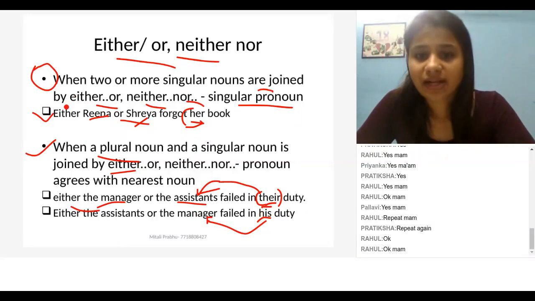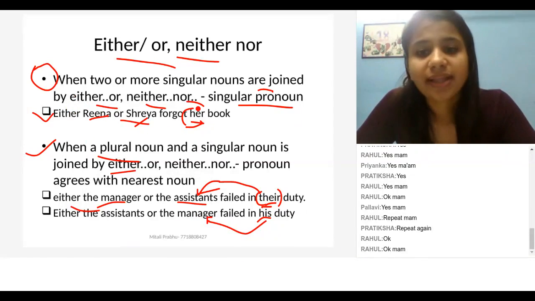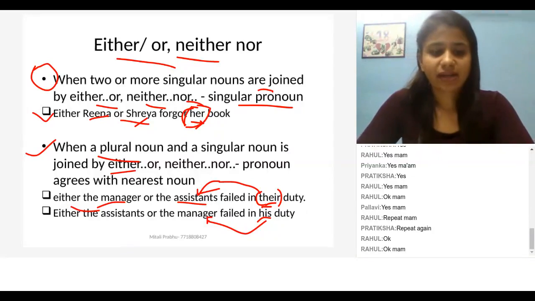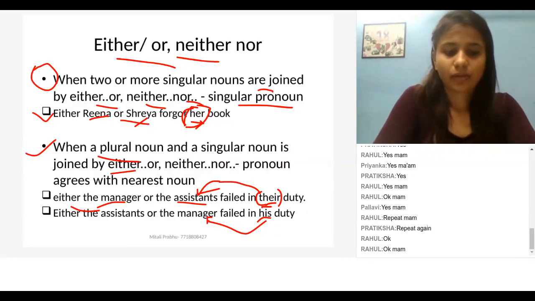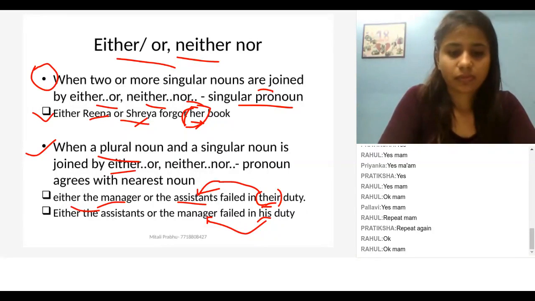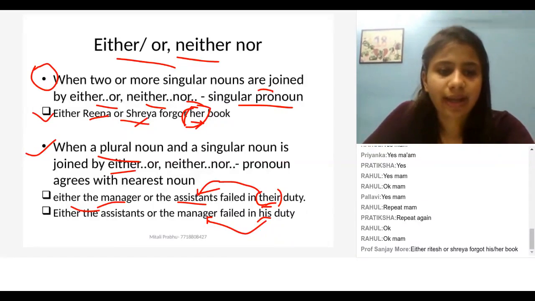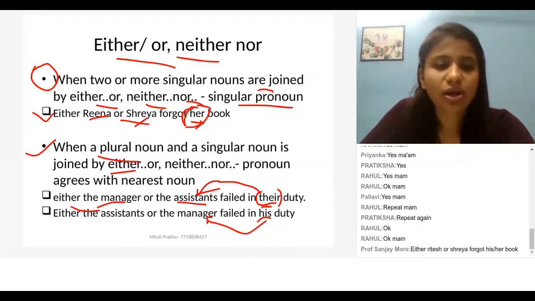Now, if I gave you a sentence, either Ritesh or Shreya forgot her book, then you cannot use "her" here, right? It will become "his or her". I typed a sentence: forgot his or her book.